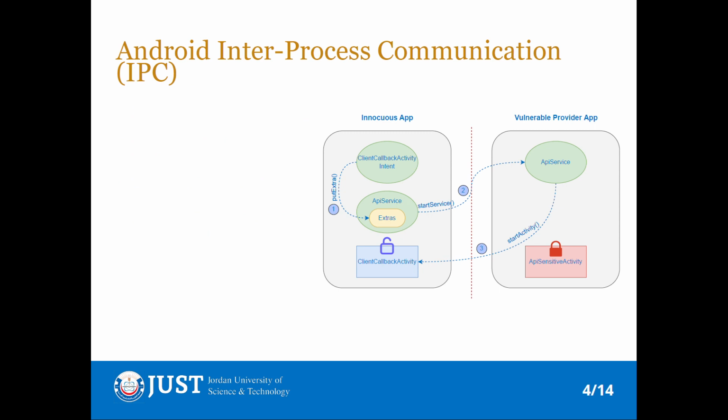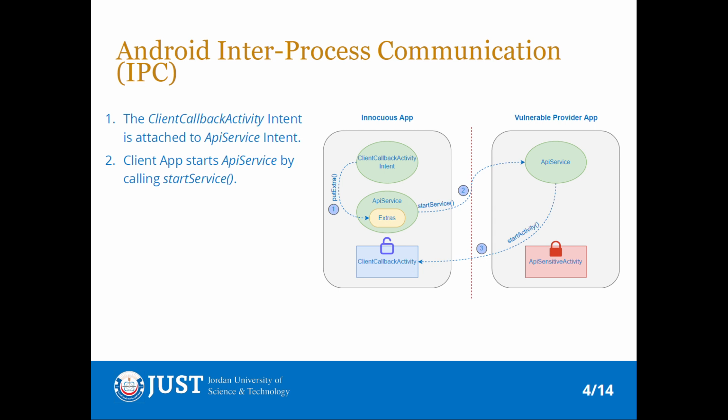To better understand the inter-process communication of the Android platform, as we can see here, first the client app creates an intent for its client callback activity and adds it as an extra to the intent that will be used to start the provider app's API service.